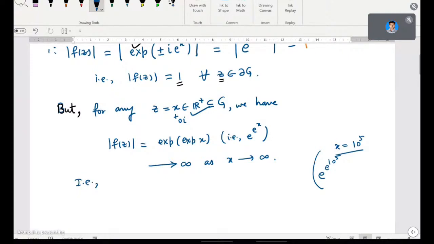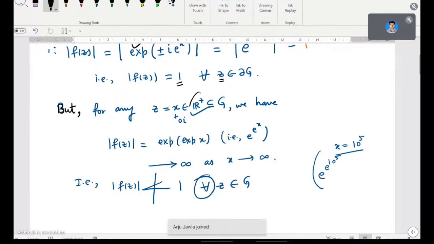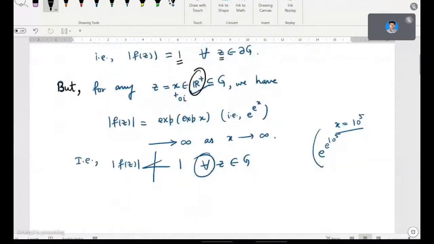In fact, I have tried to show you that mod of f(z) can't be less than 1 for all z in G. There are some z's in G. In fact, not some, there are an uncountable number of z's in G which are creating problem.